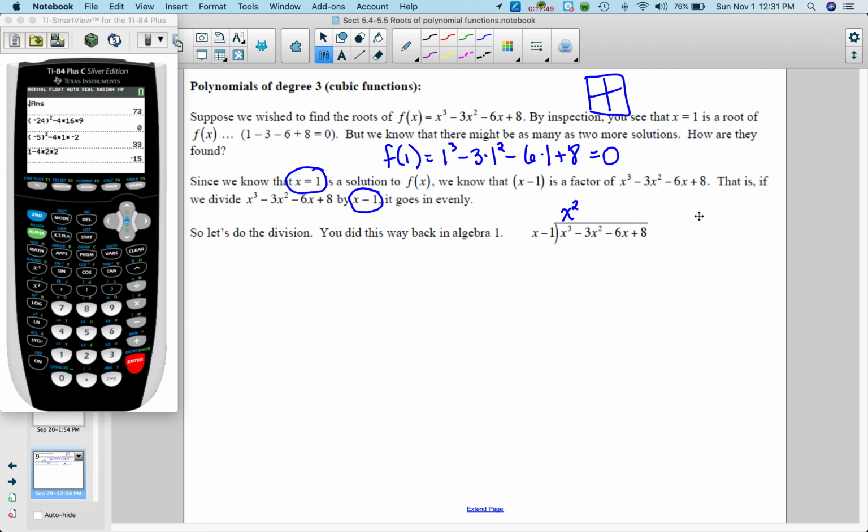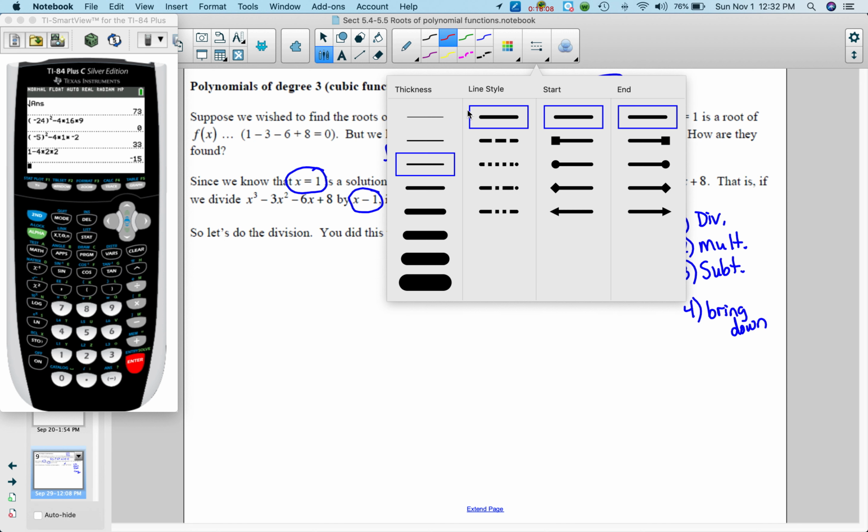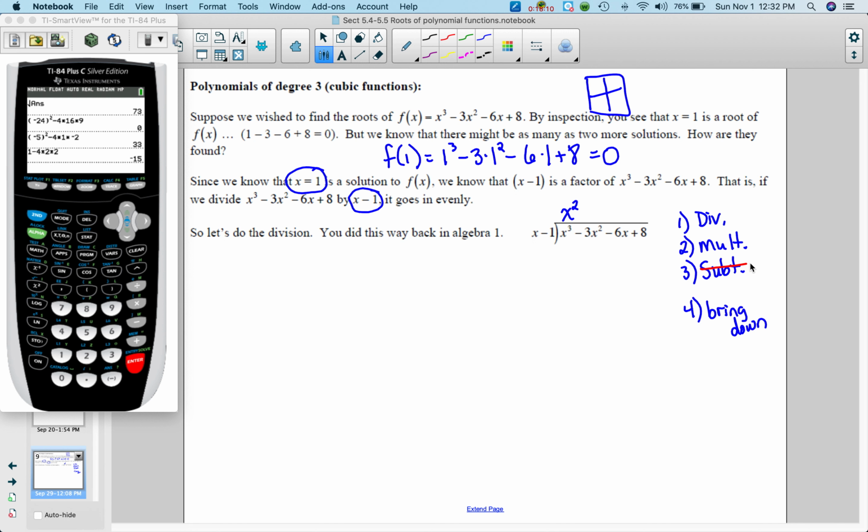If you remember the 4 steps of division, you divide, you multiply, you subtract, and you bring down. Those were the steps of long division. But instead of subtract, we're going to change signs and add.